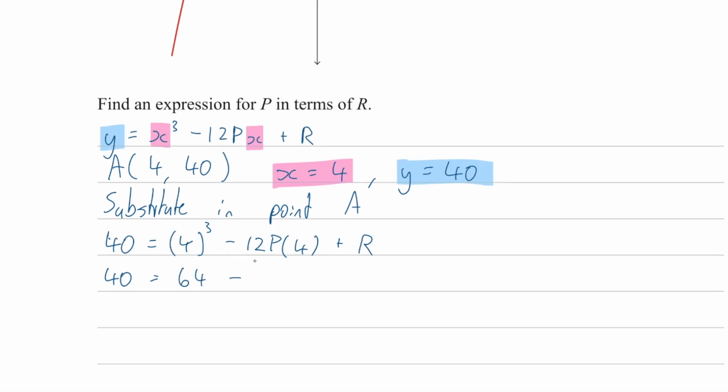And now here we have 12 times 4, which gives us minus 48. Of course, we don't know what P is, so that's still there, and we don't know what R is either. And now we want to get P on one side by itself. So I'm going to add 48p to both sides.